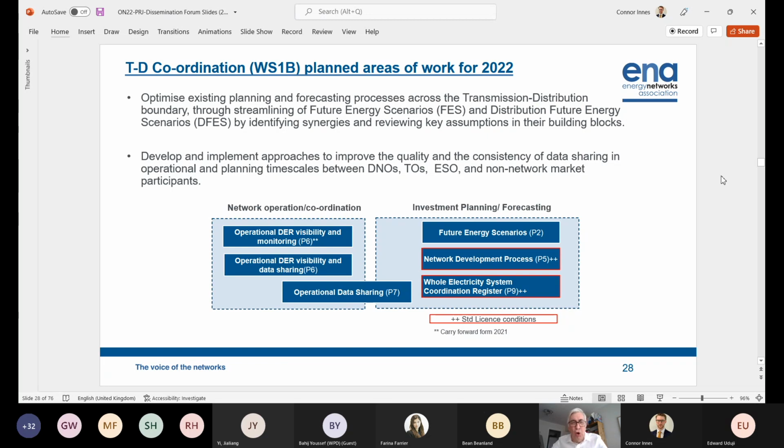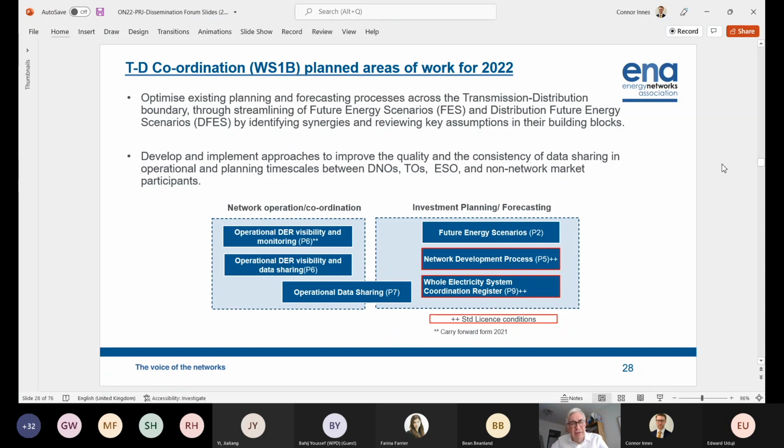To make sure this all works properly, there's going to be a focus on coordination between transmission and distribution. But more than just that, there's going to be information put out into the marketplace so that people can make efficient decisions for their particular business.